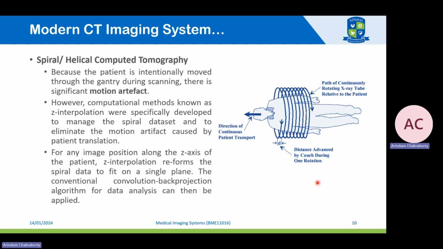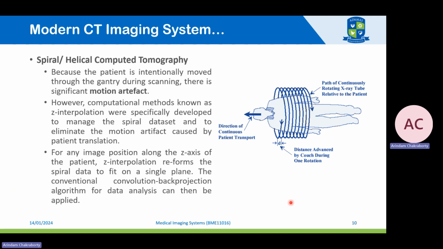So what happens there is that for any image positioned along the Z axis of the patient, this Z interpolation method restructures the spiral data to fit it in a single plane so that the back projection or the convolution method algorithm can be applied. So the important things are the pitch, as well as the motion artifact.